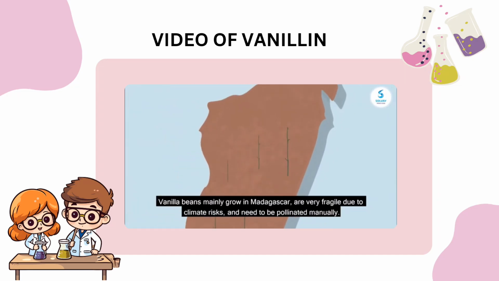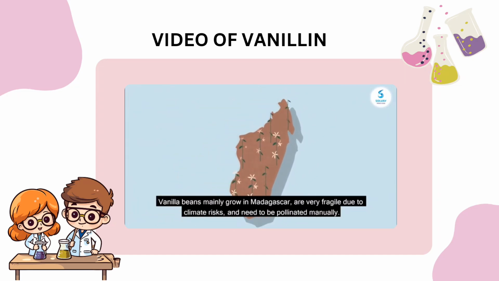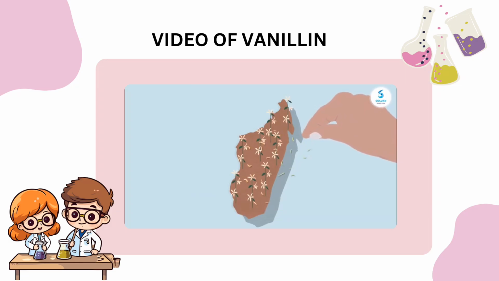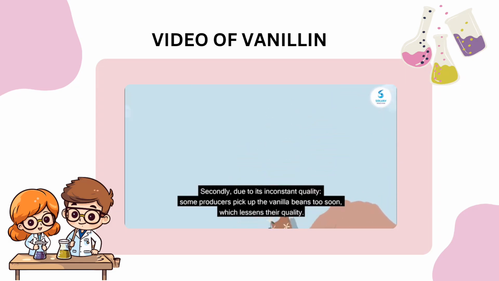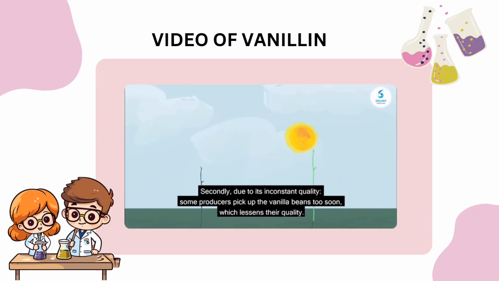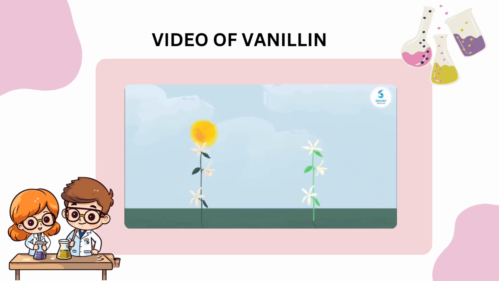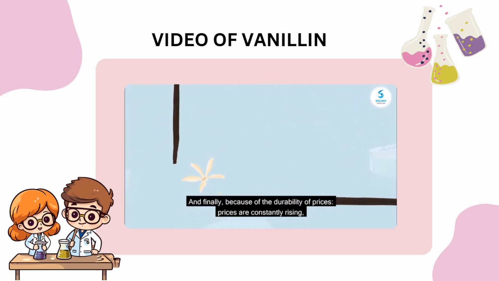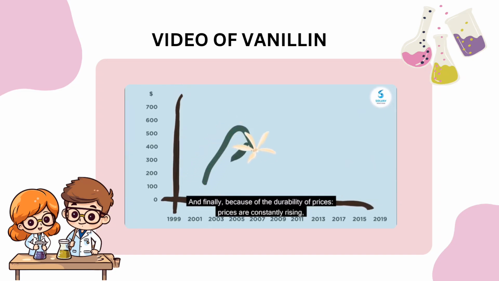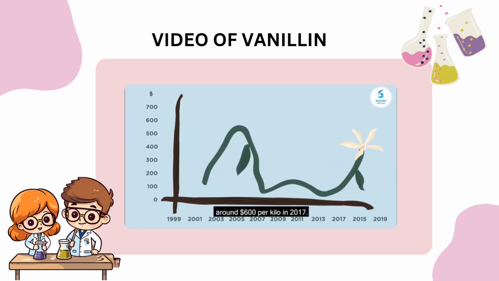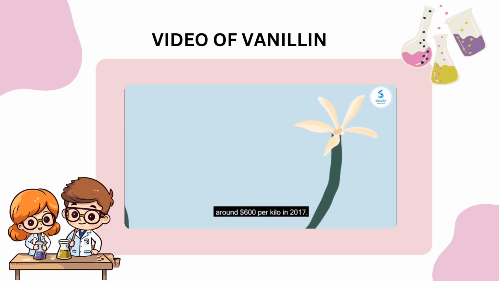Vanilla beans, mainly grown in Madagascar, are very fragile due to climate risks and need to be pollinated manually. Secondly, due to its inconsistent quality, some producers pick the vanilla beans too soon, which lessens their quality. And finally, because of the durability of the prices. Prices are constantly rising, around $600 per kilo in 2017.